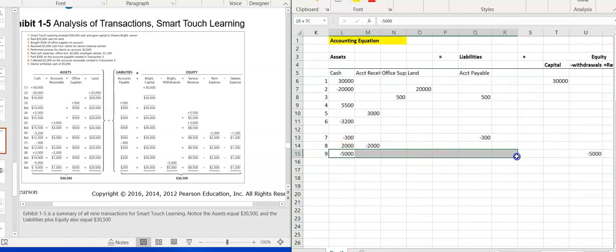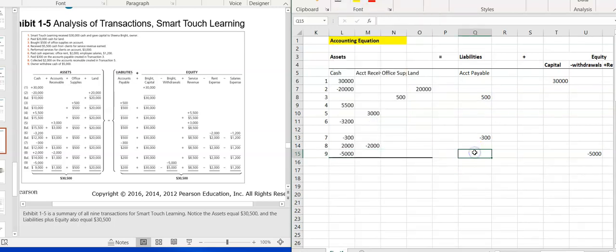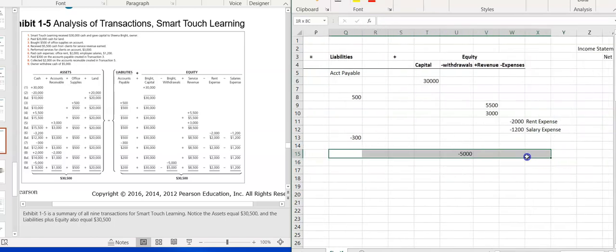Okay, so I'm going to draw a line under everything. I really want y'all to work in Excel and get very familiar with Excel and how to insert lines. All your homework will be done in Excel. So you need to really be practicing with it and how to do it.